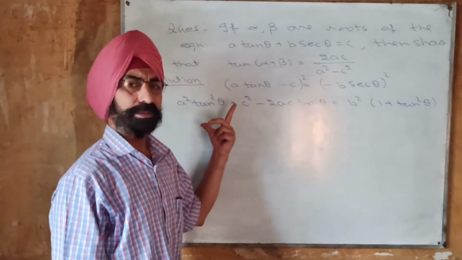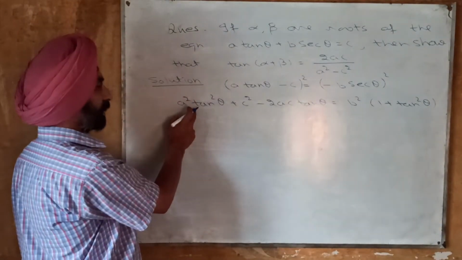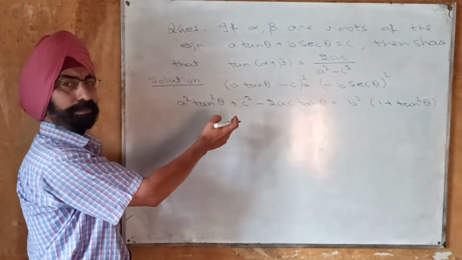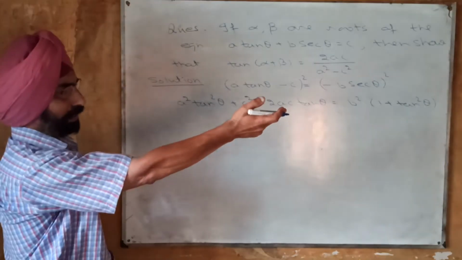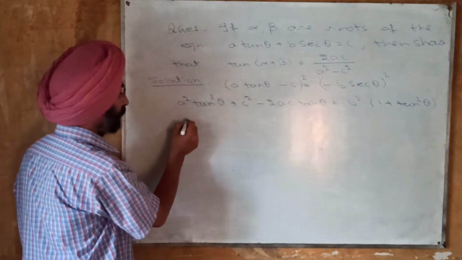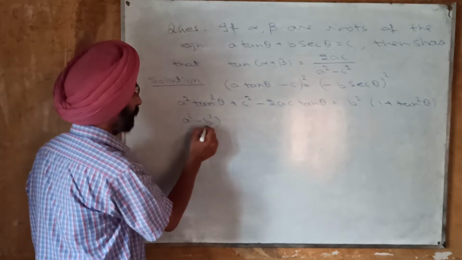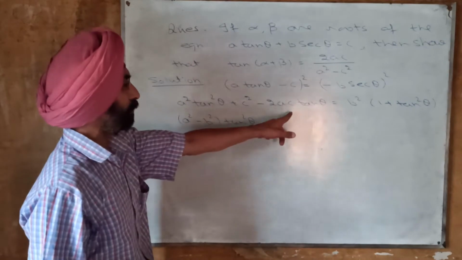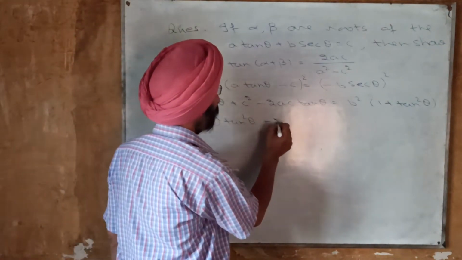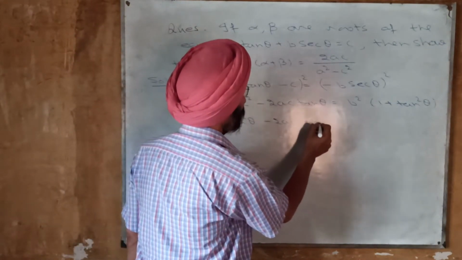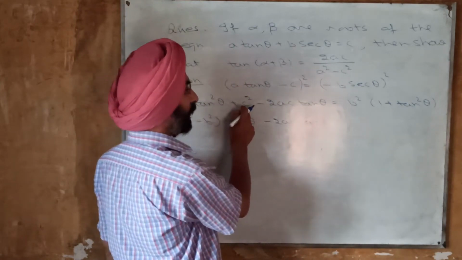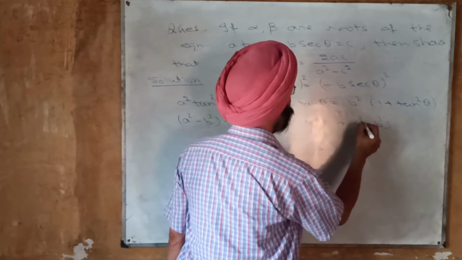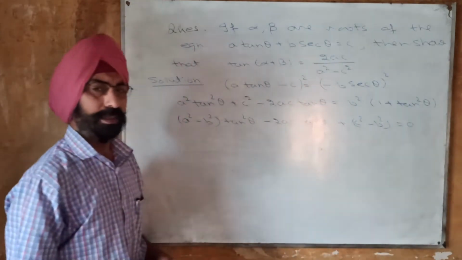Now I am collecting the terms. First of all, this is a square tan square theta, and b square tan square theta will become minus when I take it to the left hand side. You will get a square minus b square times tan square theta, then minus 2ac tan theta, and plus c square minus b square is equal to 0.